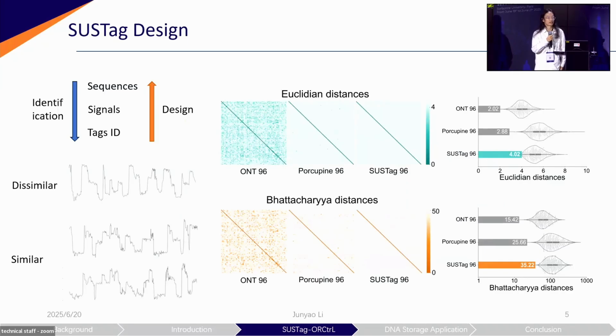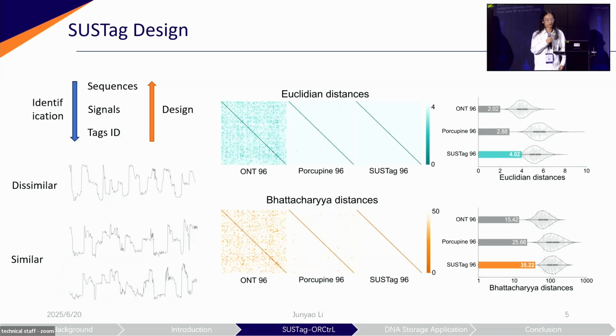As for the SUSTag design, we design our tags in a unique way. Instead of just looking at the nucleotide sequences, we focus on the nanopore signatures. We compared all the generated signatures with Euclidean distances and Bhattacharyya distances.